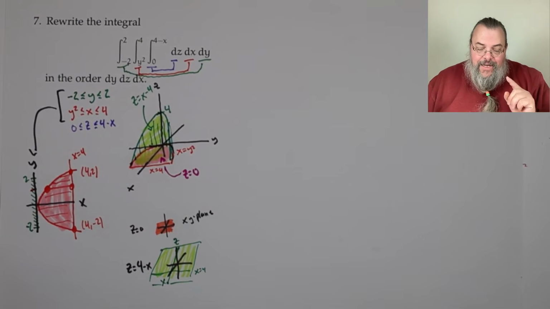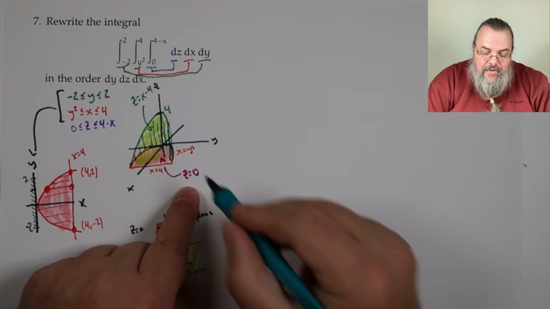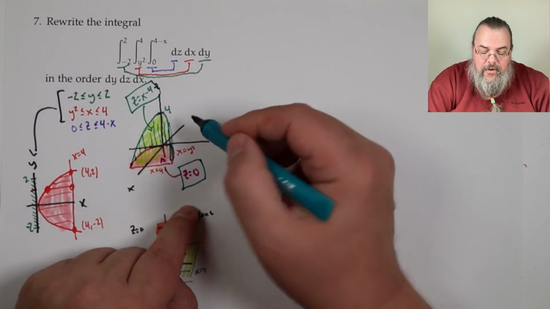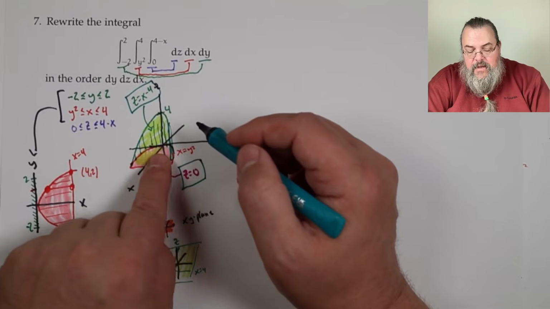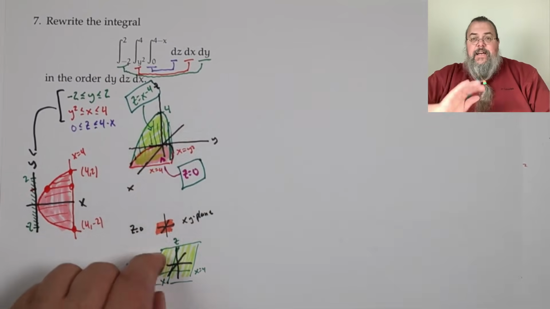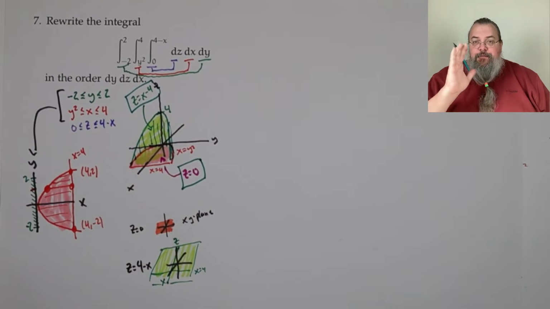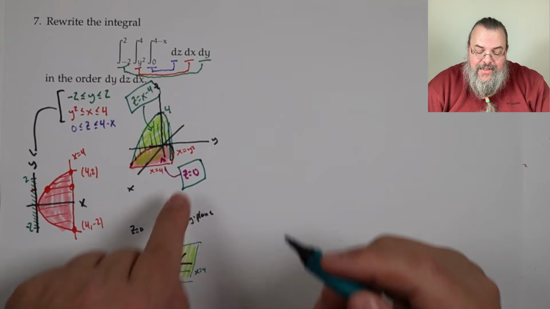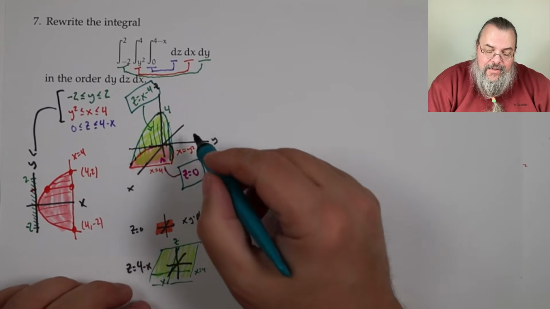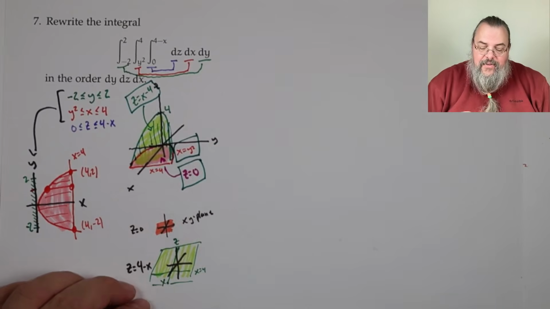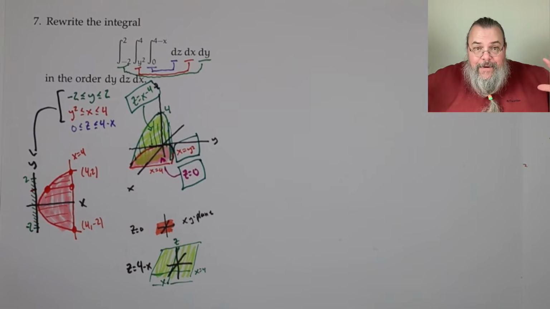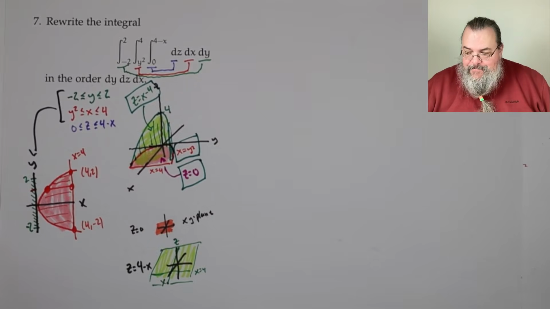One of them is z equals 0. One of them is z equals x minus 4, the flat slanted face. And then there's this sort of wrapping around part. What's the wrap around part? x equals y squared. So those are the 3 surfaces that drive everything else that we're going to be doing.